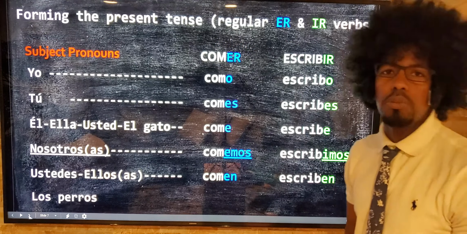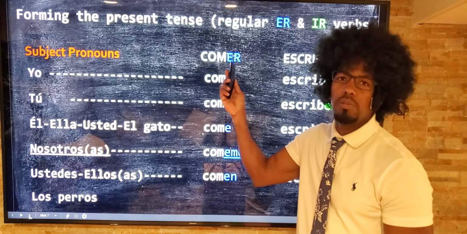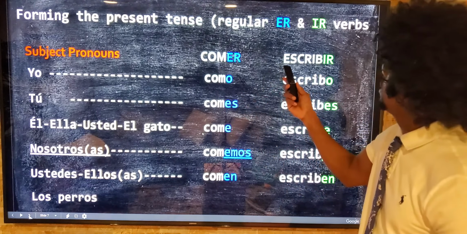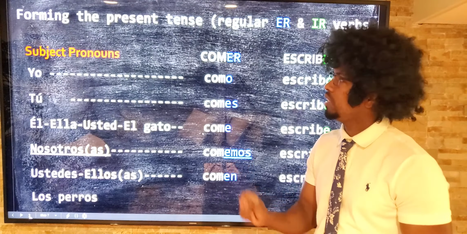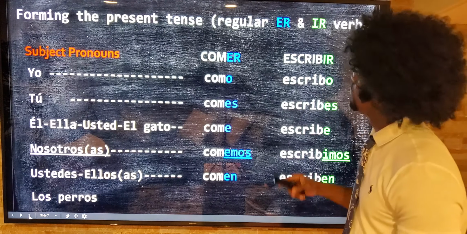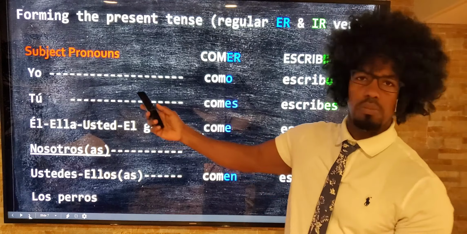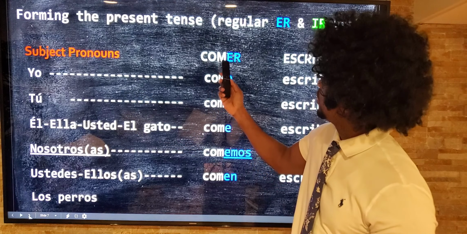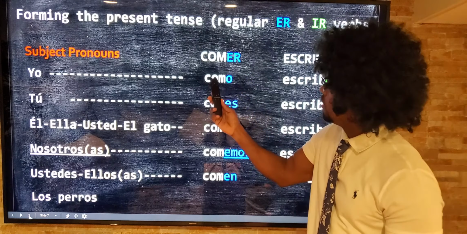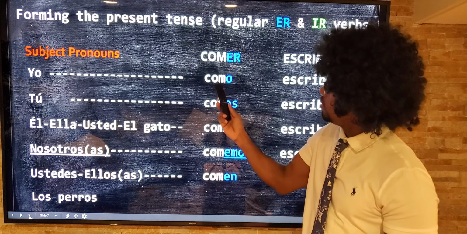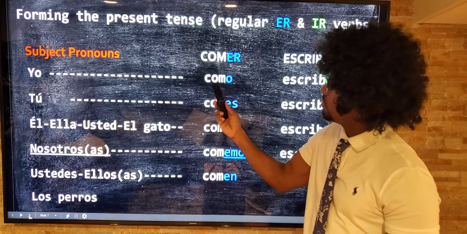So here we have two verbs. One of them ends in ER, comer, to eat, and another one ends in IR, escribir, to write. Okay, so let's see one example with them conjugated. If you noticed, I dropped my ER ending, and this is my stem, and this is the stem that I'm going to use for the rest of the conjugation, because this is a regular verb.